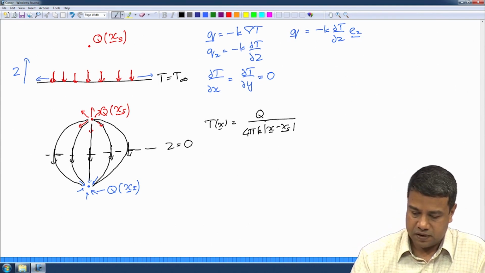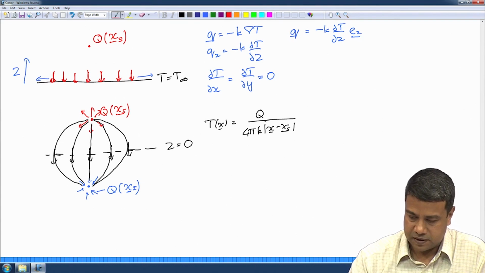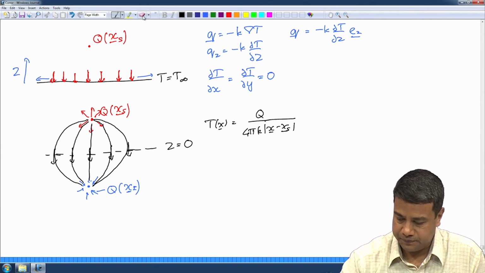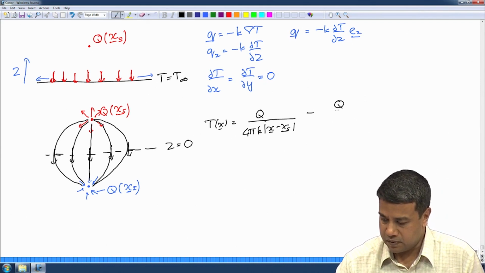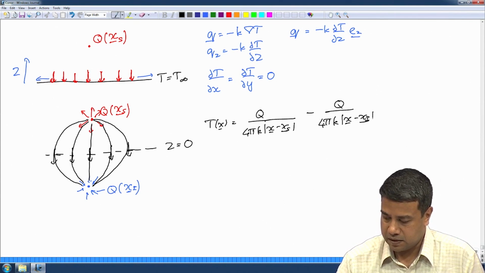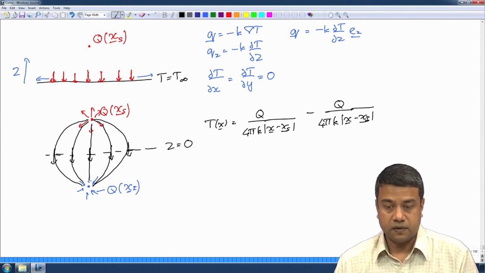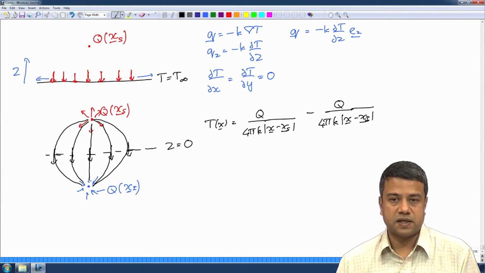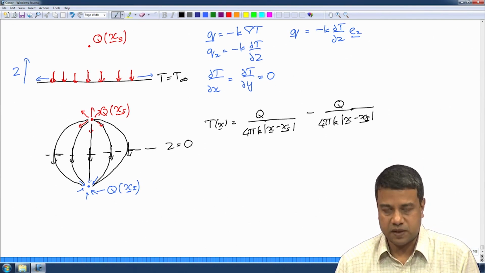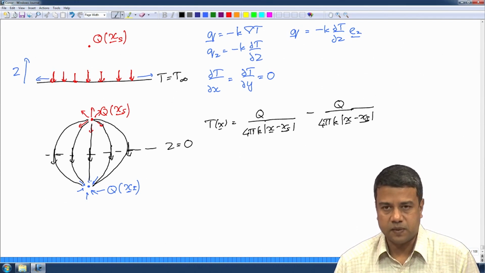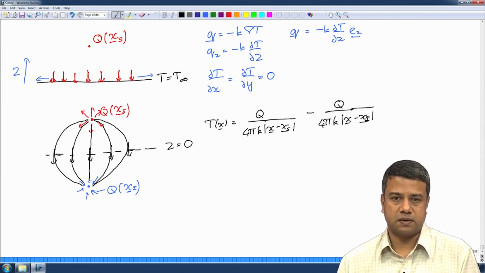That is due to the source function. For the sink, it is minus Q by 4 pi K into x minus the image. So, this combination of the source and sink essentially mimics the constant temperature condition at the mid plane between these two.